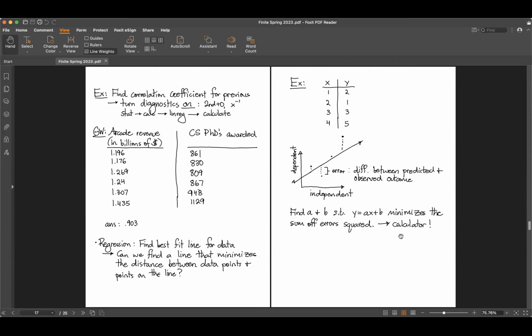Okay, so let's try out the second example here. The two variables we are comparing are arcade revenue in billions of dollars and the number of computer science PhDs awarded. So again, two variables that should not cause each other, right? But they may correlate.